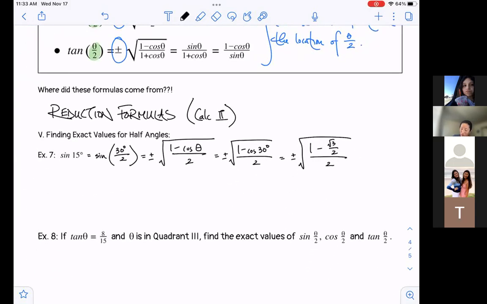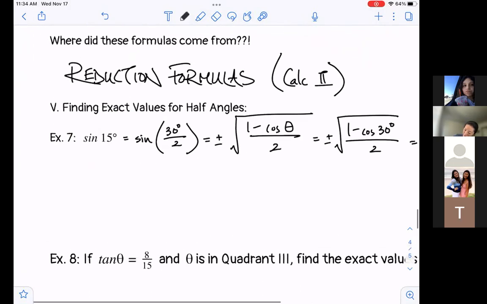So that we don't have to continue writing plus minus, let's actually figure out at this point whether it's going to be positive or negative. So sine of 15 degrees. What quadrant is 15 degrees in? Good. 15 degrees is in quadrant 1.